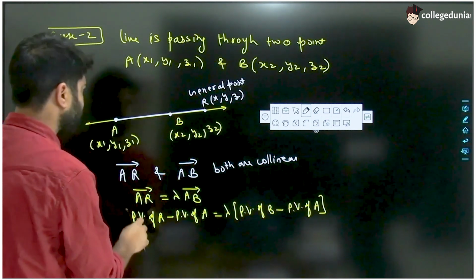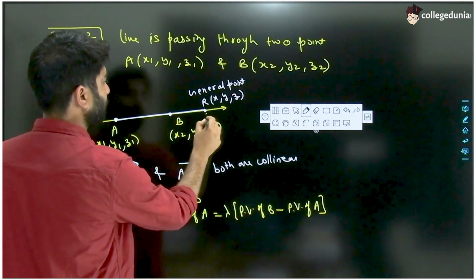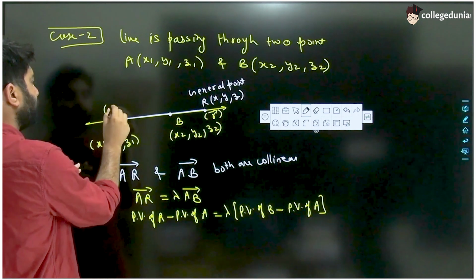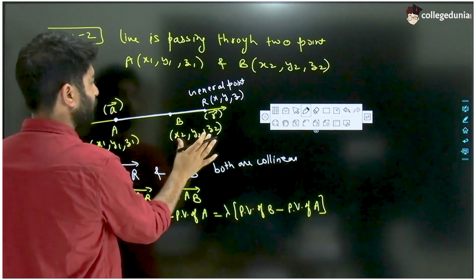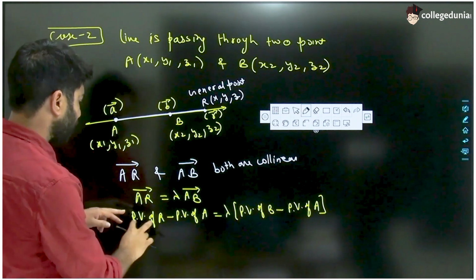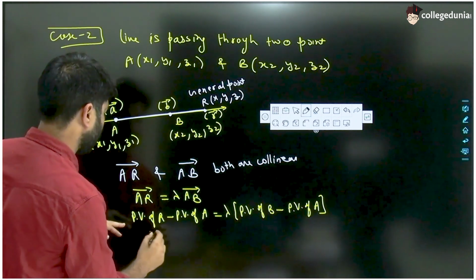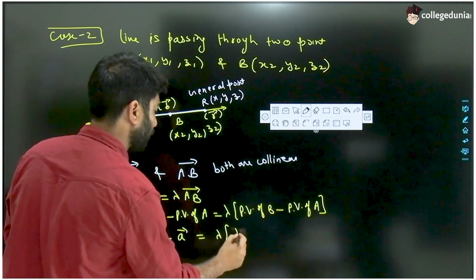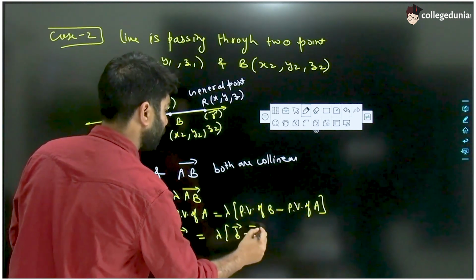Now let's say the position vector of capital R is small r, the position vector of capital A is small a, and the position vector of capital B is small b. So r minus a is equal to lambda times b minus a.